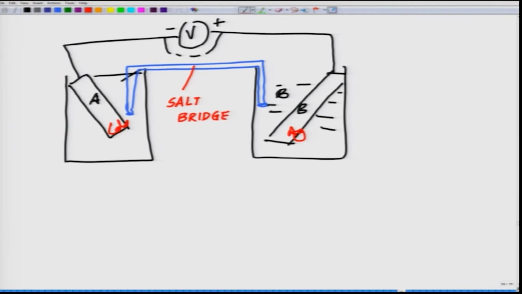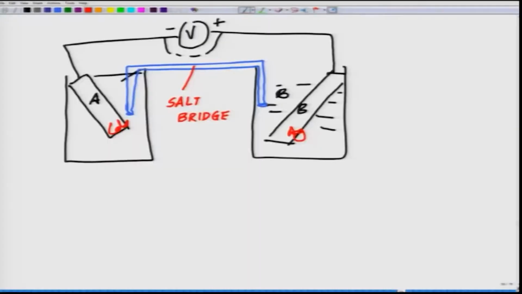Now, in all these situations, we have assumed that both the electrodes are different. Now, think of a situation where I have the same electrode on both sides. Will the current flow in this direction or that, whichever direction, it does not matter? Will the current flow across it or not? How can it flow?